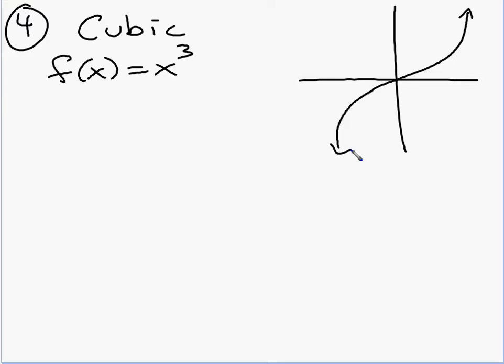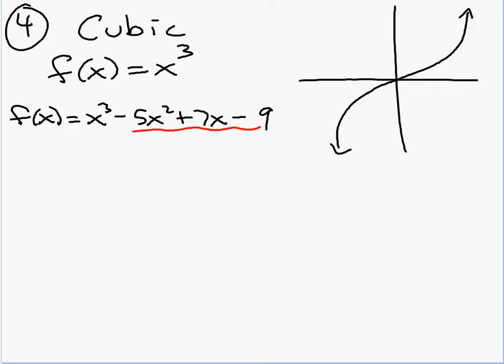You know, you can get a cubic that looks like this. That's also a cubic. All right? And that cubic, the graph of a cubic like that, now I don't know exactly what this graph looks like, but when you start complicating matters with some of these other terms like this, then cubics start looking like this.